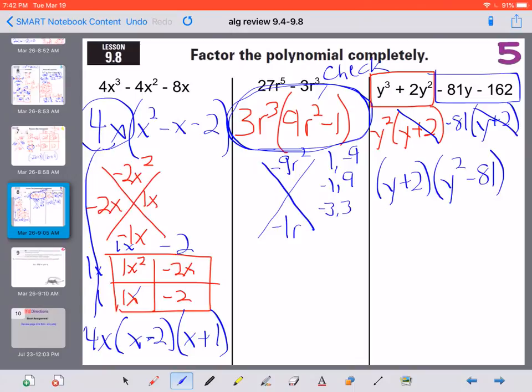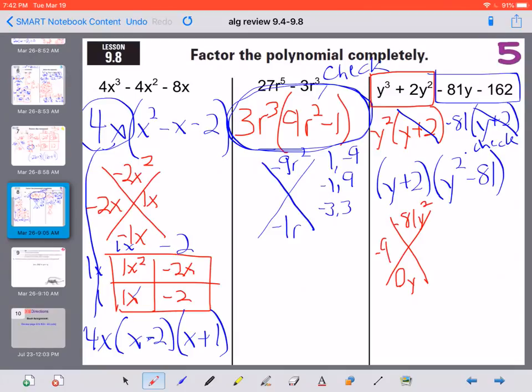So now that I have this, I need to check it, see if I can factor it out anymore. So I'm going to draw my diamond here. I'll have a negative 81 y squared. This time I don't have a b, so it'll be a 0y. Now, what times what could give me negative 81 but add to 0?